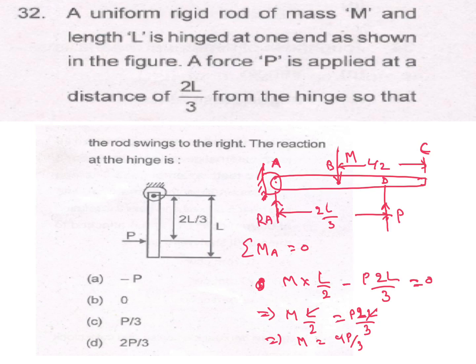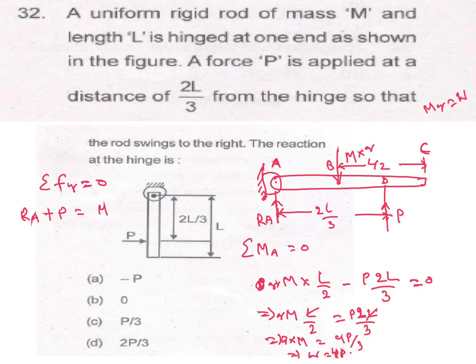So RA plus P, the summation of all vertical forces, is 0. RA plus P equals M. M is the mass, so you have to multiply G also. Here also we should multiply G. M into G we can write as total weight W. Then W equals 4P by 3.